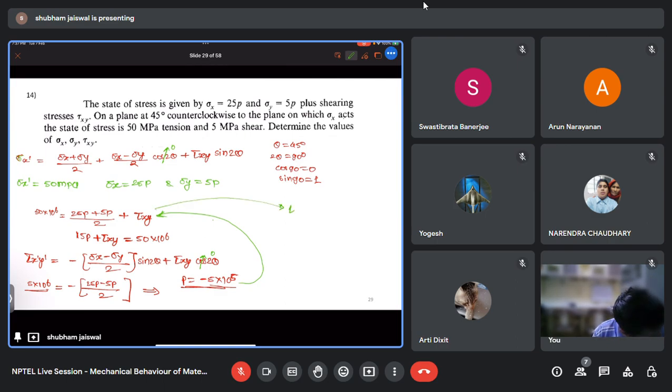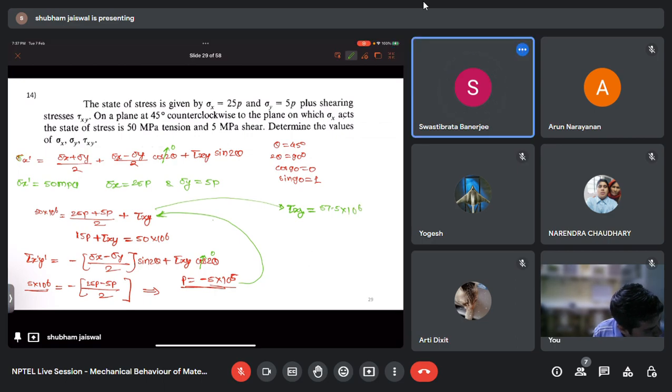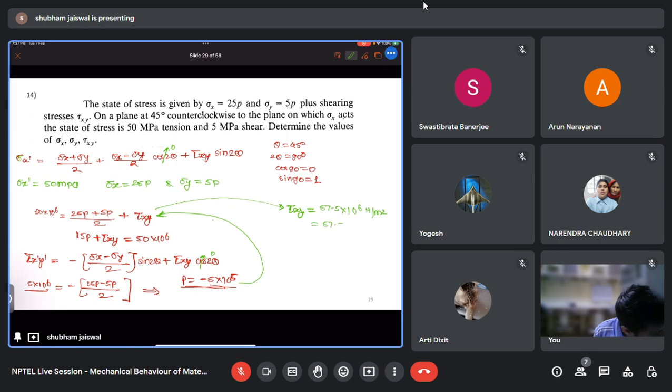So tau xy comes out to be, tell me the value. Tau xy is how much? Please cross check.